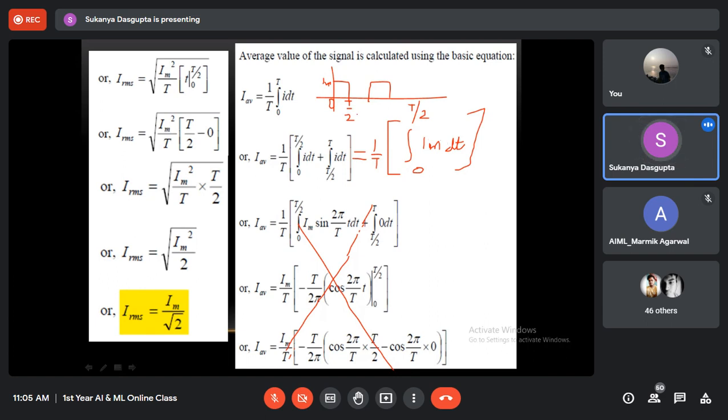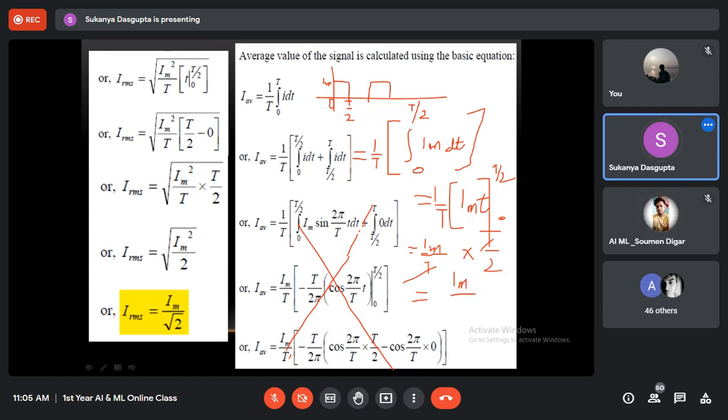And for the rest half time period, the signal is 0, so we'll not consider T by 2 to T. So tell me what will be the final expression? Yes, ma'am, Im by 2. Okay, so 0.5 Im.